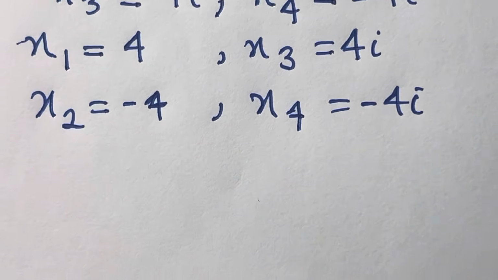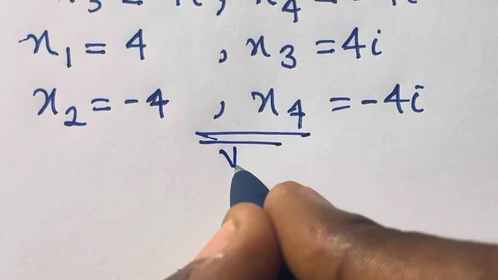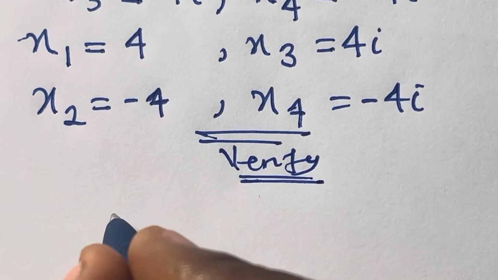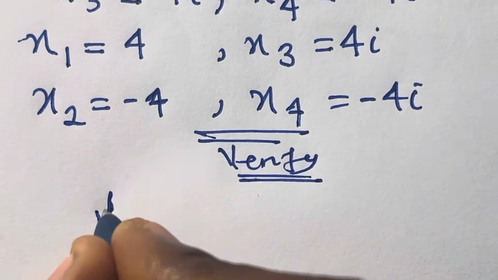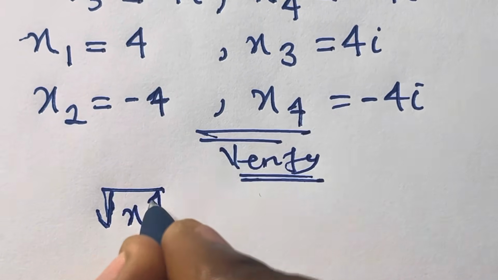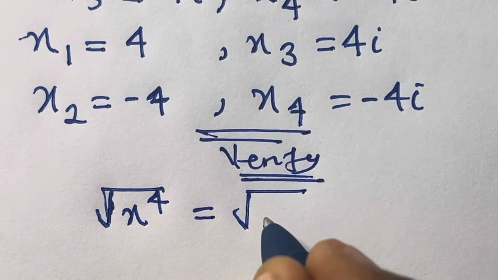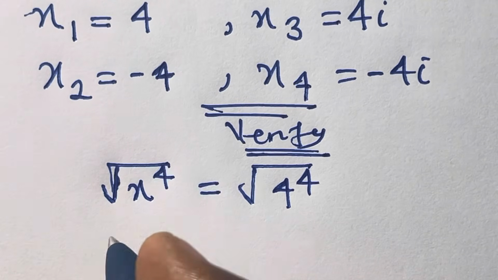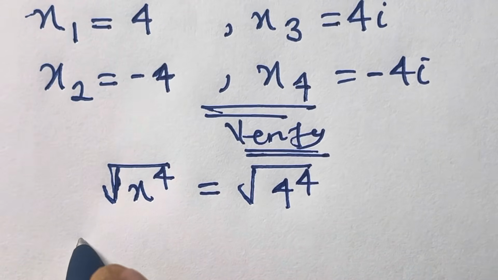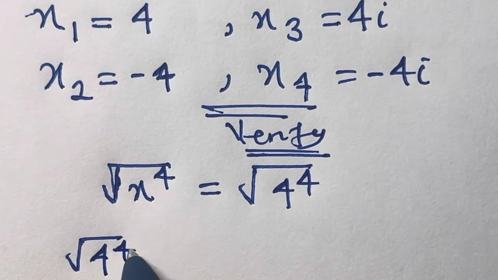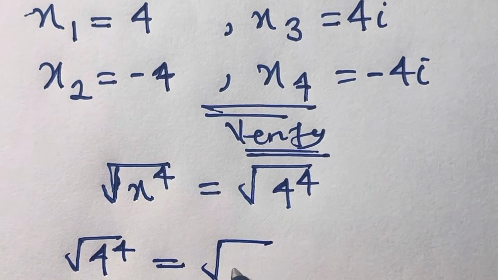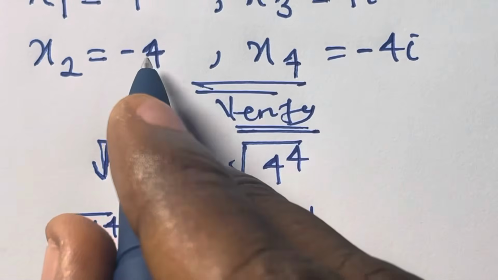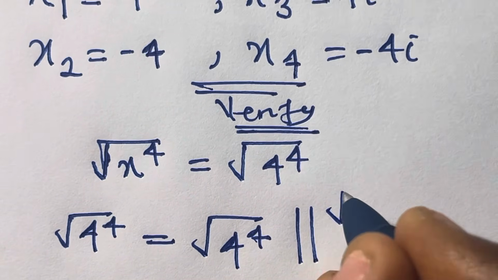So you can have a quick verification. It's very obvious. Our given equation is the square root of x raised to the power 4 equals the square root of 4 raised to the power 4. Let's say our x equals 4. We will have 4 raised to the power 4, so this will definitely equal 4 raised to the power 4. The same thing if you use minus 4.